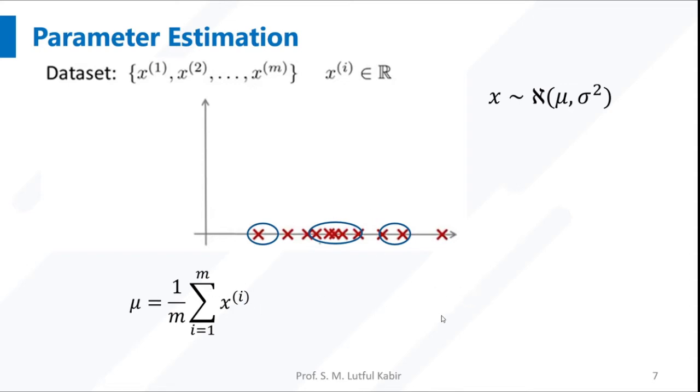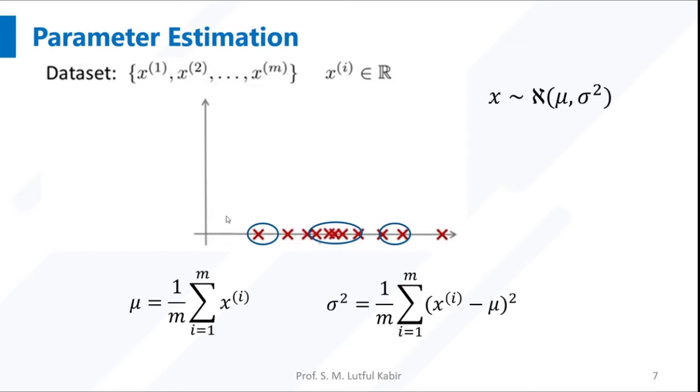And the width of the curve, sigma square or sigma, can be determined from this formula: 1 over m, i equal to 1 to m, xi minus mu, squared. For example, this is one x and mu is over there, the mean position. So take the difference between these two positions, the mean and the actual point, then take the square and sum all this together.